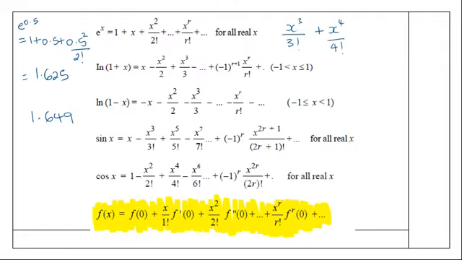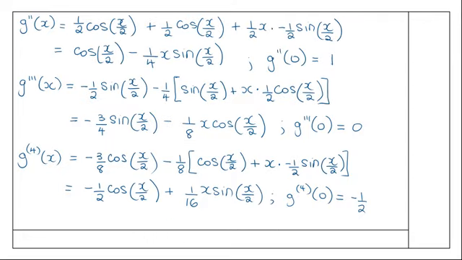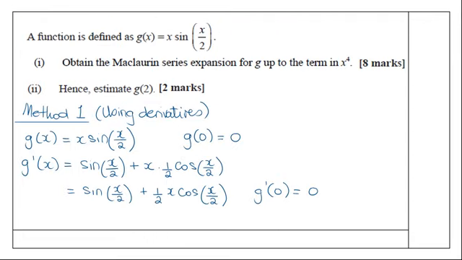Therefore, my g of x, which is x sine of x over 2, according to the Maclaurin series, let's look back at the Maclaurin series. This is what we're going to be using. It is equal to, in this case, g of 0, which we had gotten to be 0.